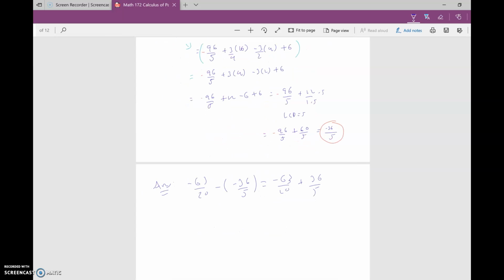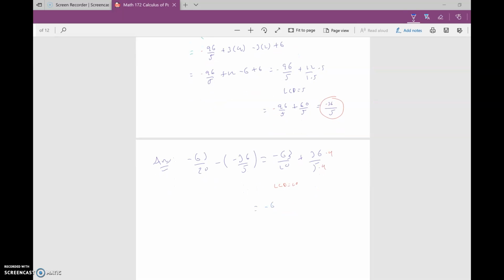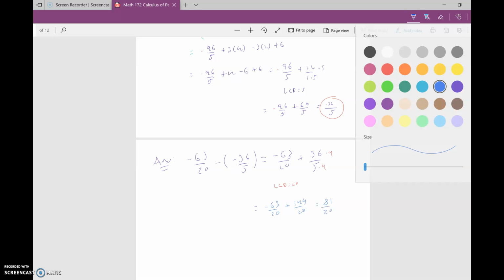Using an LCD of 20, we multiply by 4, and we're looking at negative 63/20 plus 36 times 4, which is 144 20ths. 144 minus 63, I'm getting 81 20ths.